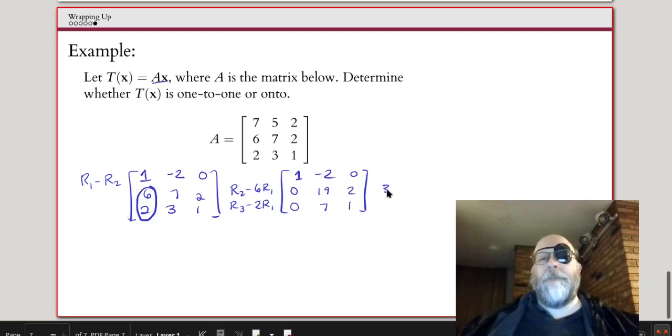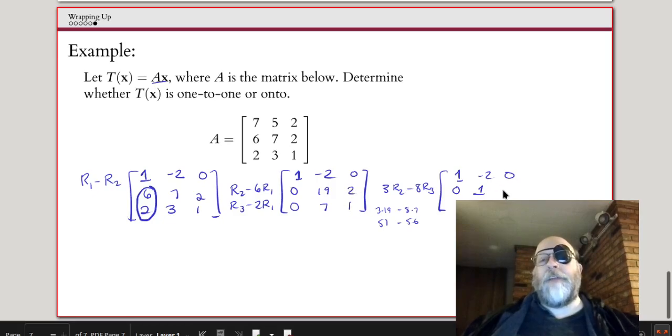Let's try that. This is a little weird. 3 times row 2 is 3 times 19, that's 57. 8 times 7 is 56. So 57 minus 56 is 1. 3 times 2 is 6, 6 minus 8 is -2. All right, 0, 1, -2.